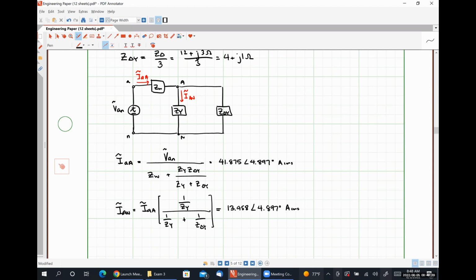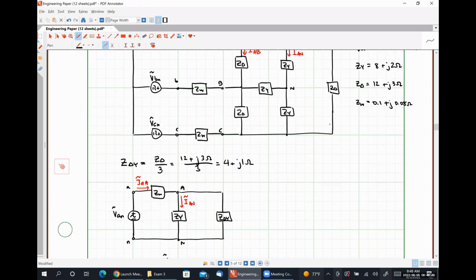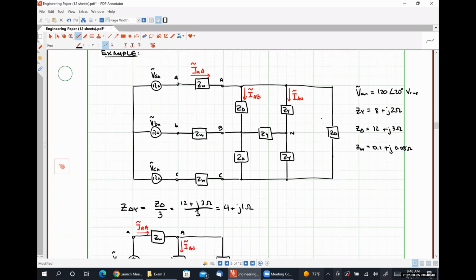So now we need to figure out what IAB is. So we're going to scroll back up here and think about things that we could do, okay?